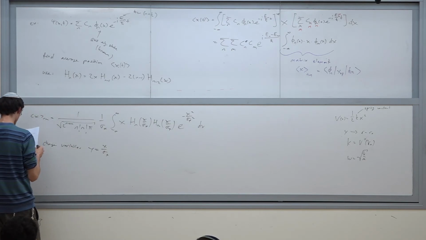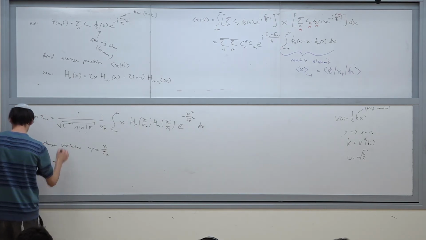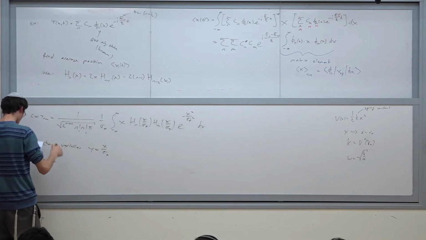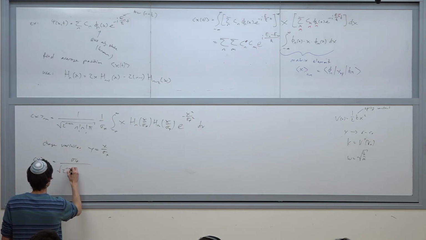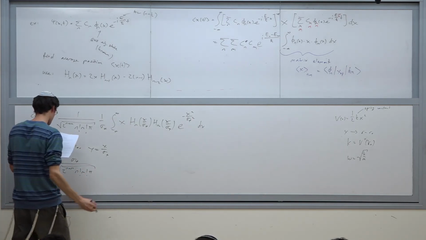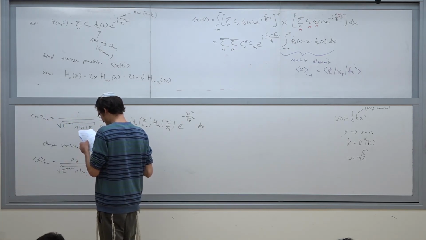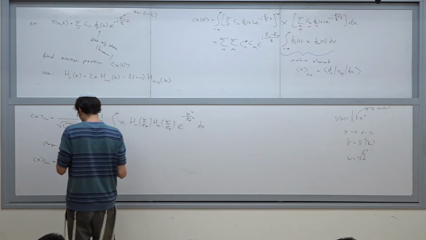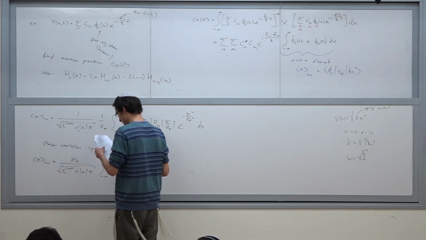So what I'm left with after I do this change of variables is sigma x divided by this square root. And then there's an integral from minus infinity to plus infinity.